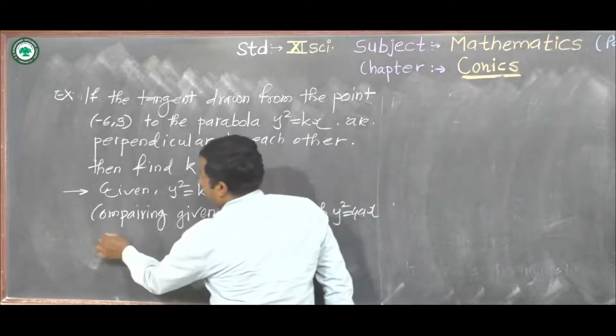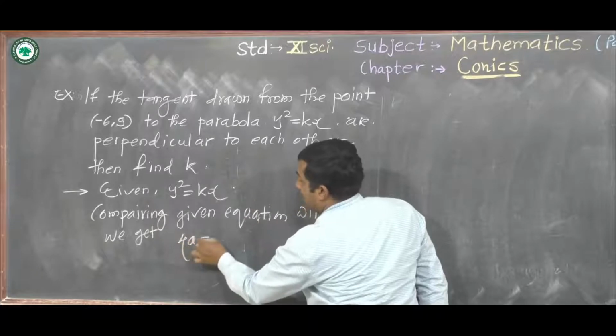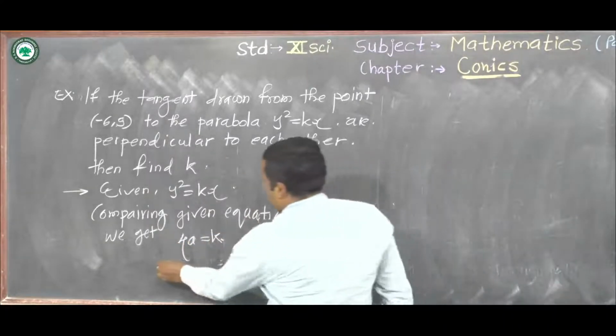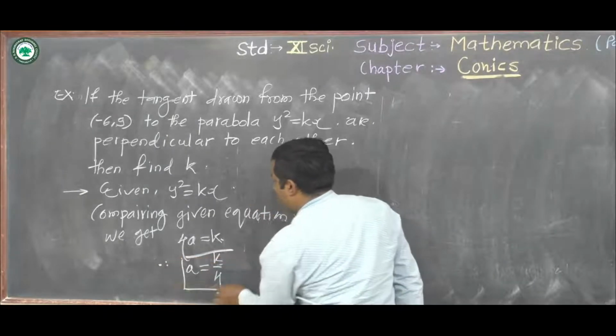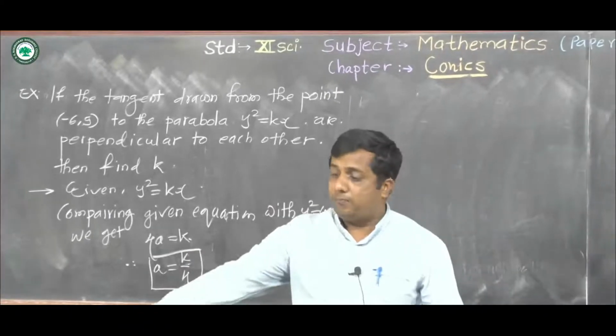Then we get 4a is equal to k, so a is equal to k by 4.